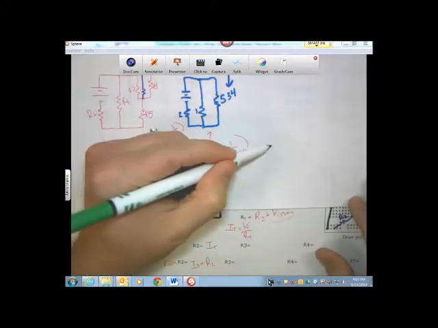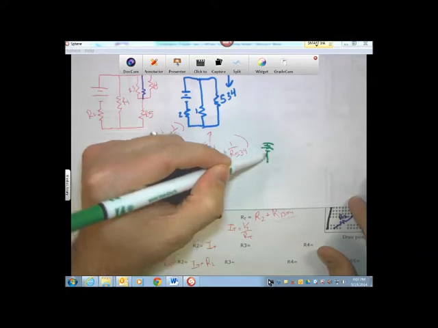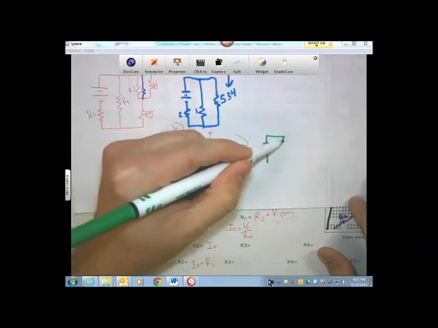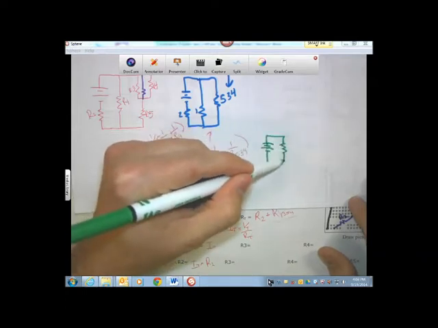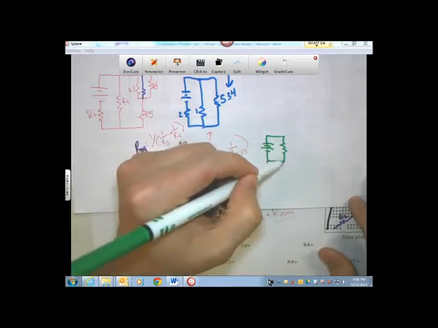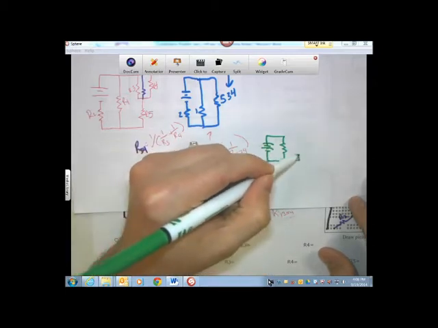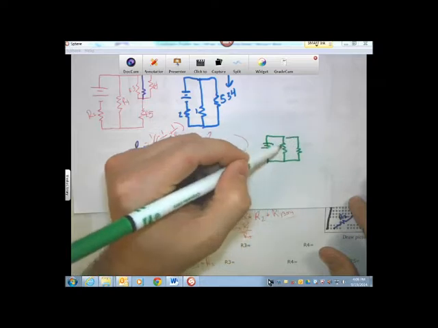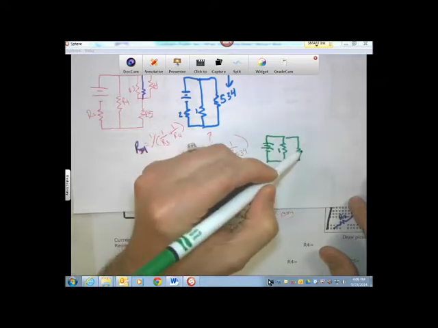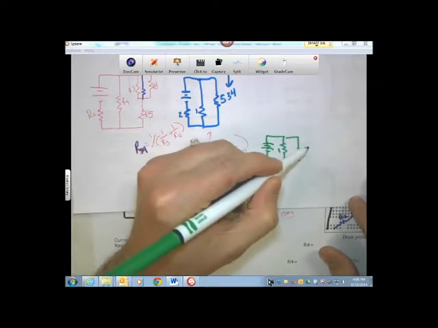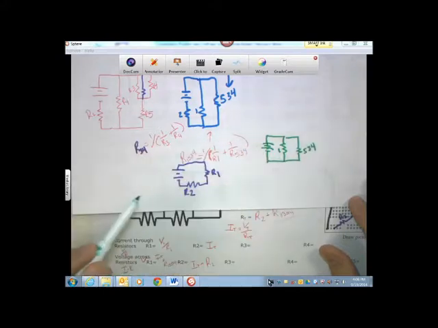So I have my battery, and it's now in parallel with R1 and R5, 3, 4.